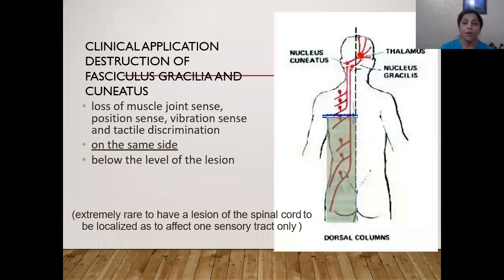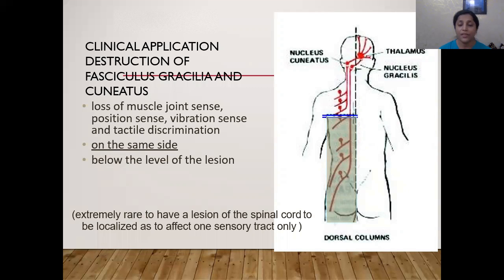Okay. Now, if we move further towards the clinical application of our knowledge, we will see that these sensations are responsible for the locomotory movements and for fine touch.